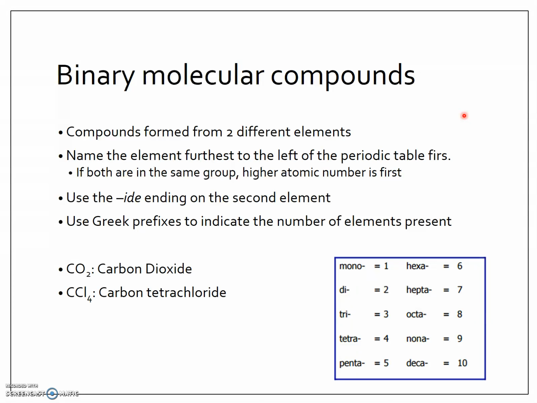For the most part, we're going to ask you to name binary molecular compounds. If you see more than 2 atoms in a compound, go ahead and assume that there's a polyatomic ion somewhere. So binary molecular compounds consist of 2 different elements.